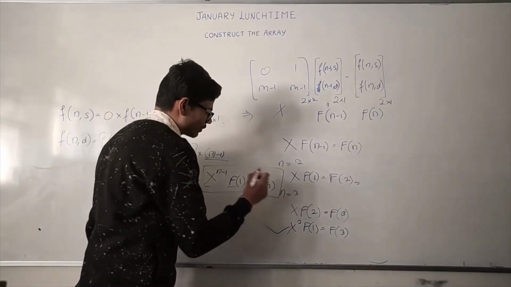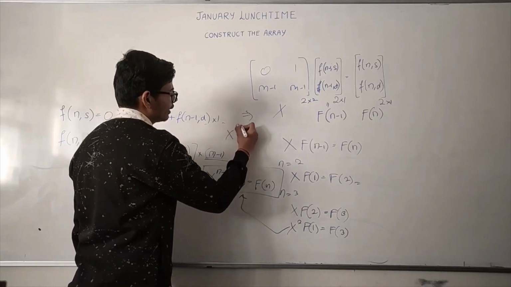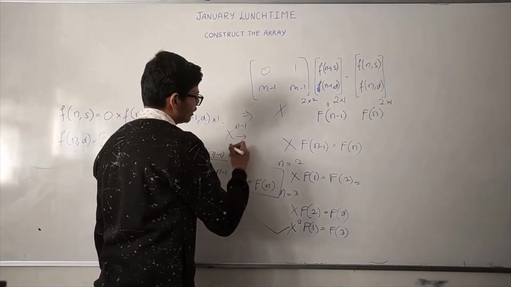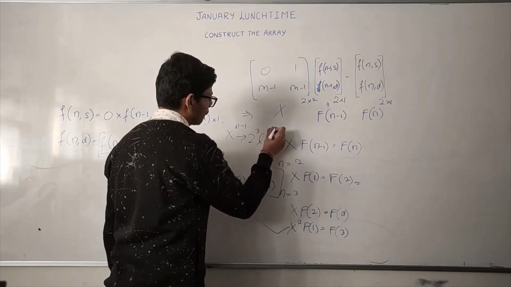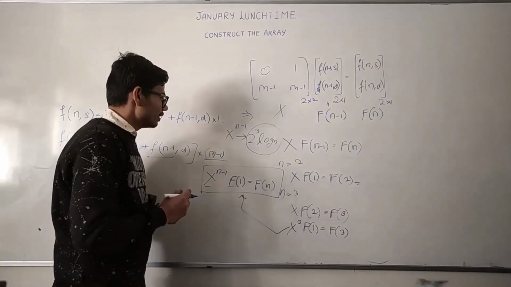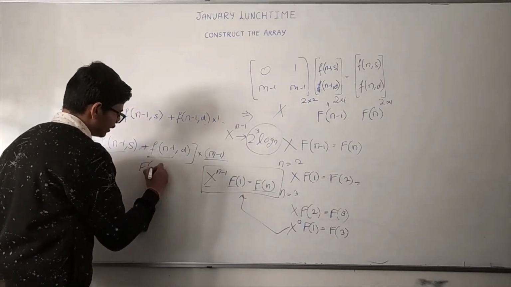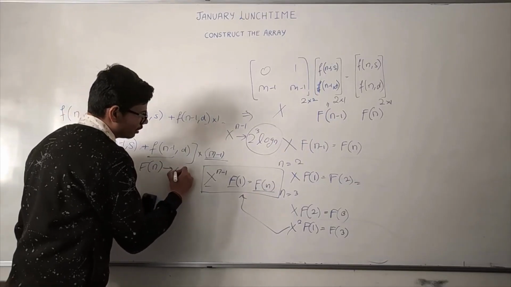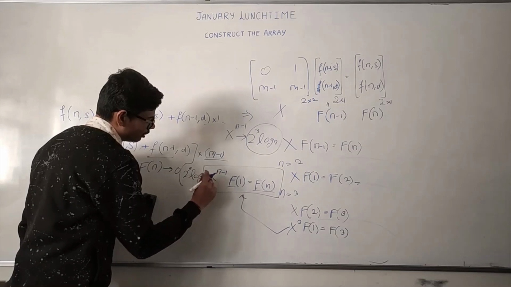Here all the terms represent matrix, and we have to calculate X raised to the power n minus 1, which we can calculate in 2 raised to the power 3 log n time by using fast matrix exponentiation theorem. So that we can directly say that we can calculate f of n in big O of 2 raised to the power 3 log n time.